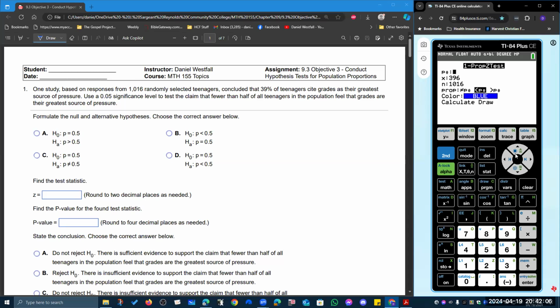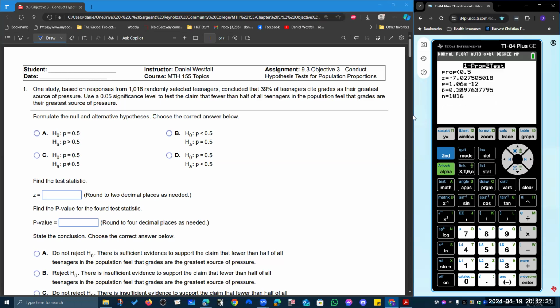Use a 5% level of significance to test the claim that fewer than half of all teenagers in the population, so there's fewer than half, feel that grades are a great source of pressure.